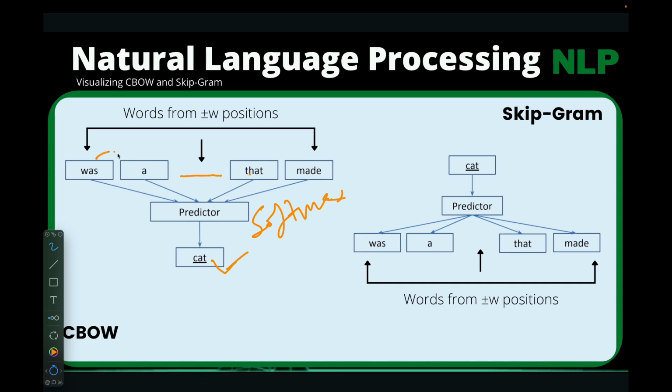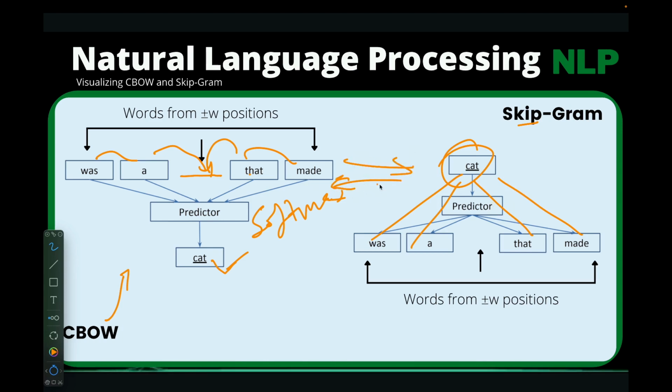If we know these surrounding words, can we predict what is supposed to be here? That's what CBOW will try to do. But for Skip-Gram, we have the focus word, and we base on the focus word to predict the surrounding words. So that's kind of an opposite.